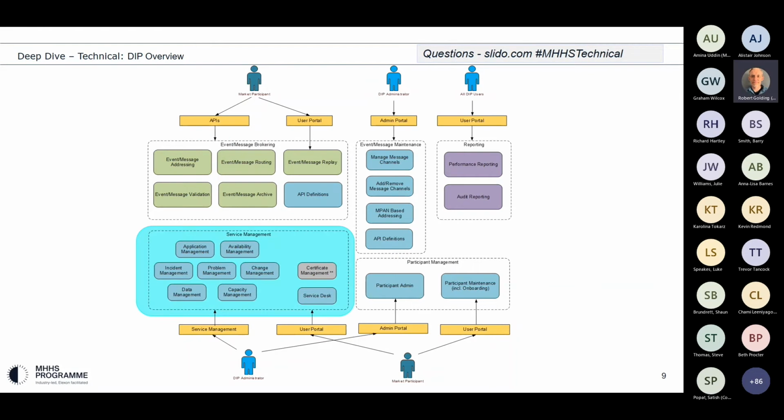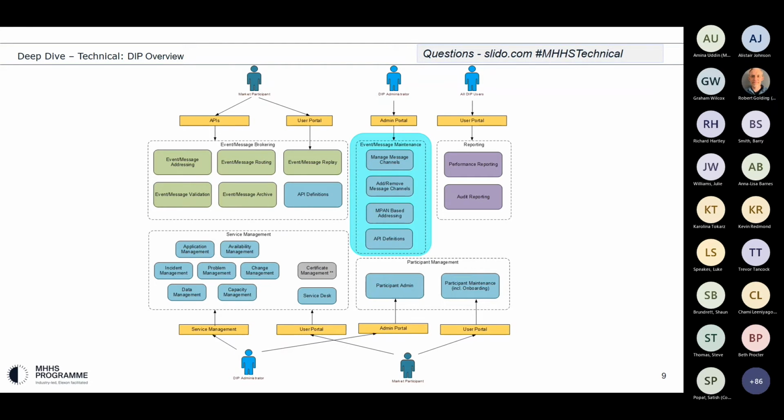We also have service management capabilities to support the smooth operation of the DIP. These will be done by the DIP administrator, and they are standard ITIL functions that will be required to manage the platform. We then have event message maintenance capabilities. This will allow the DIP administrator to manage the DIP, add and remove message channels, create new message channels, and also refine API definitions.